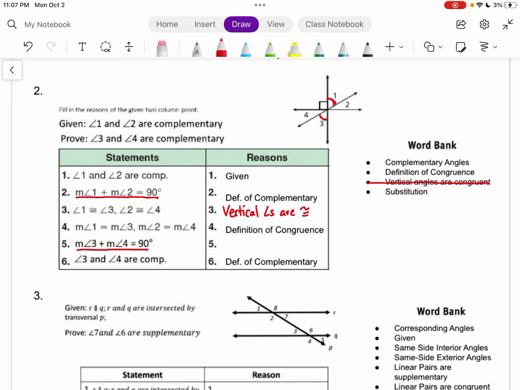Whenever we replace one thing with another, that is an example of the substitution property. So substitution goes in this blank. And now we are done with problem number 2. Let's move on to problem number 3.